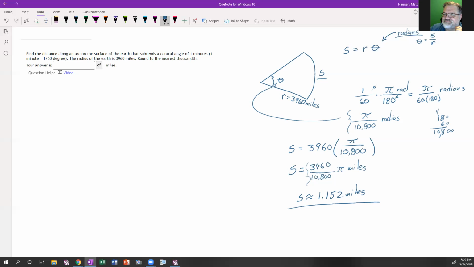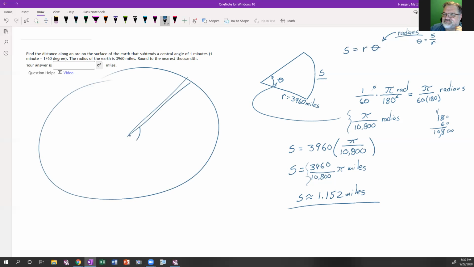So if you took the big, big, big Earth and took 1 minute of angle, which is a very small amount of angle. Now, we're used to 1 minute being 1/60th of something, 60 minutes in an hour and all that. So it's essentially a very small fraction of a degree.